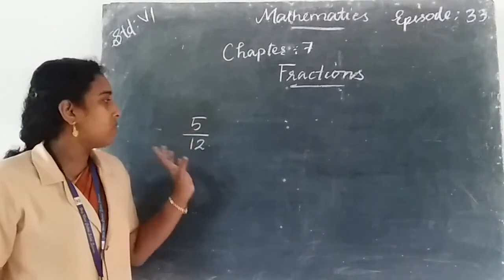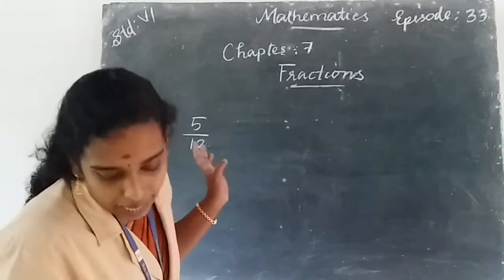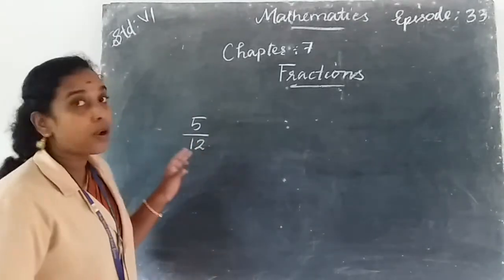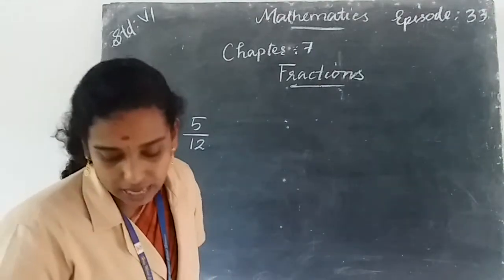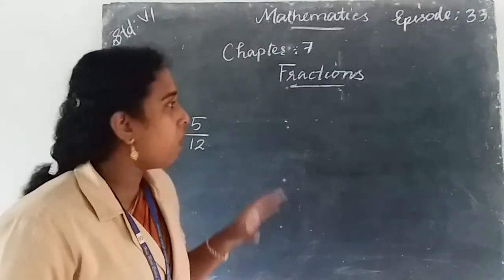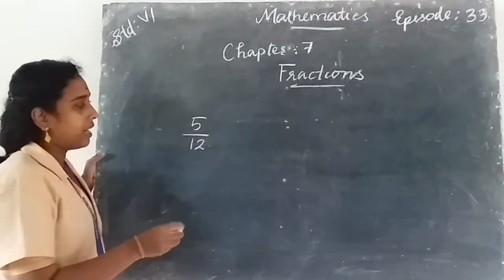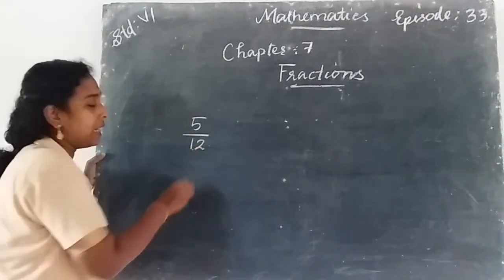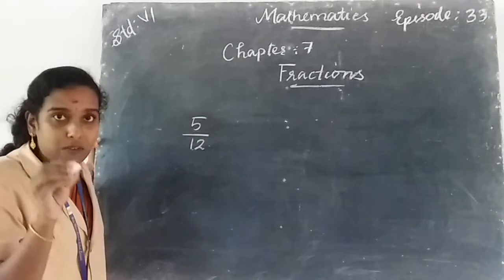In 5 by 12, 12 is the number of equal parts into which the whole has been divided. This means the whole has been divided into 12 equal parts.